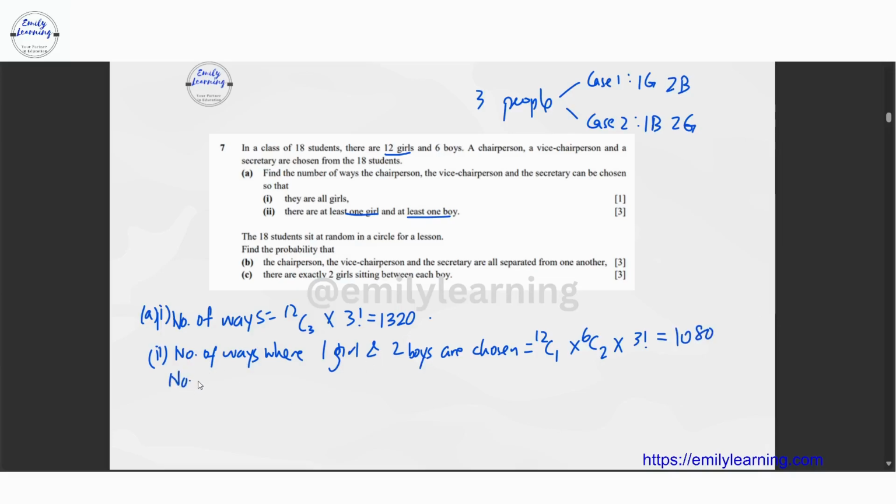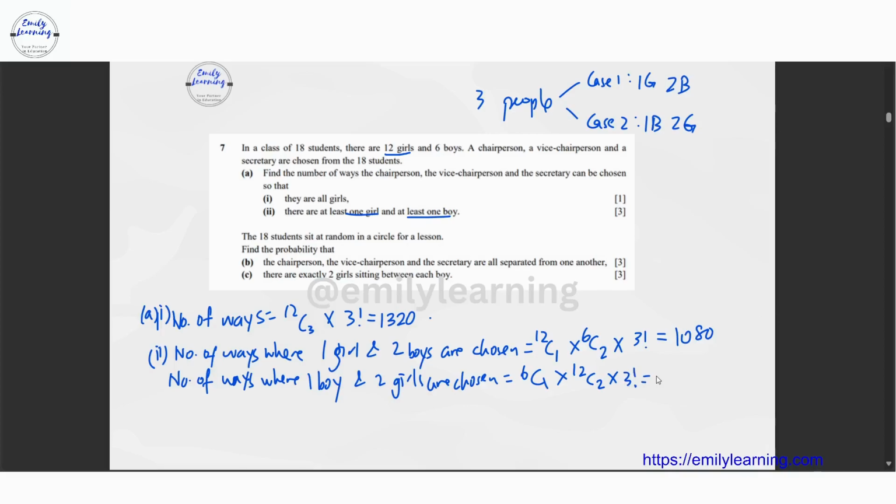Next, we look at case 2 where you have 1 boy and 2 girls. To choose 1 boy from 6 boys, it is 6 choose 1. To choose 2 girls from 12 girls, it will be 12 choose 2. And because these are 3 different positions, we need to multiply it by 3 factorial.